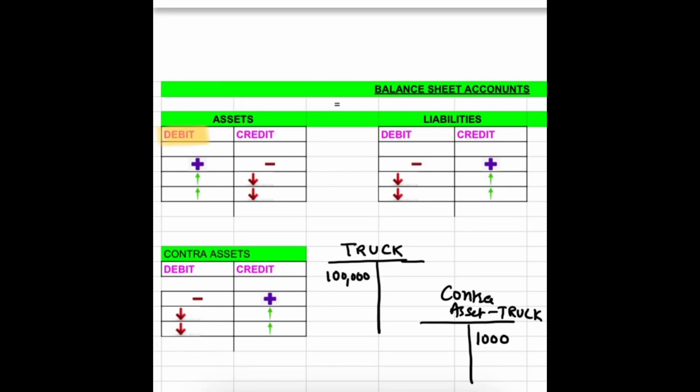Because the increases are entered on the debit side, for the contra asset account, we will decrease the value of the truck by putting a credit entry. So all the depreciations will be recorded on the credit side in the contra asset account. So contra asset is opposite of asset. Just remember it that way.